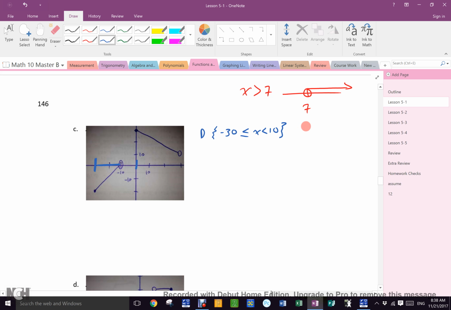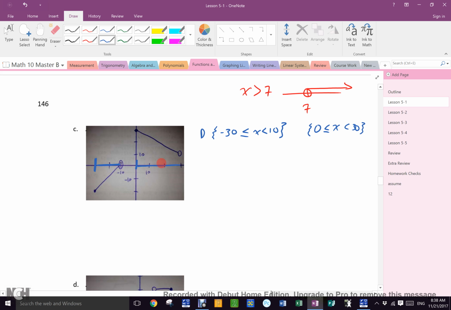So does it get included? Yeah. So I got to have another range value that has 0. What sign? Less than and equal to, or just less than? Less than and equal to, because it's a closed dot. X. And what does this one go up to? 30. Does it hit 30? How do you know? Open dot. Squiggly.